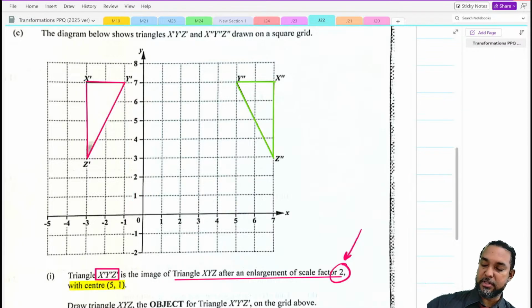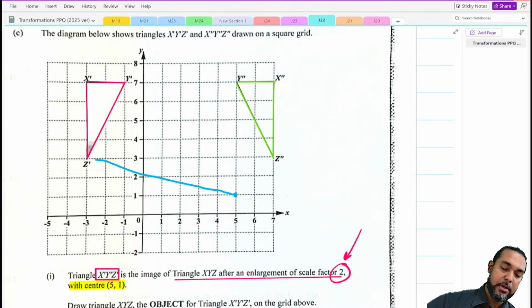All right, so it's giving us this point here, 5, 1. Okay, so how do we go about finding where the original shape was? Right, so what we do is we connect that center point to one of the vertices. Sorry, that's not a straight line, my bad. Right.